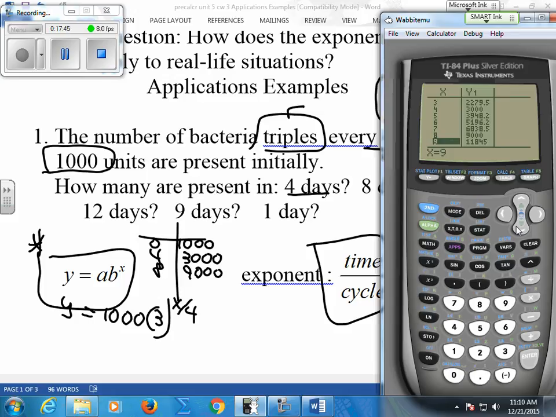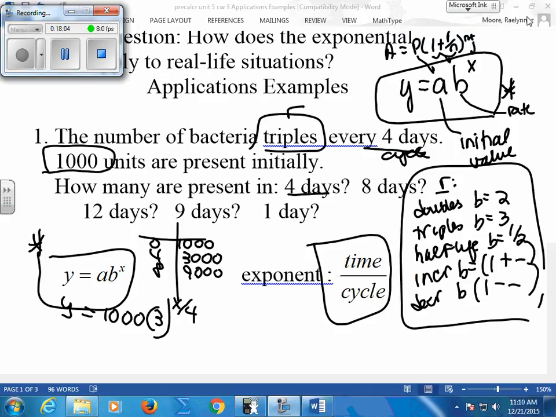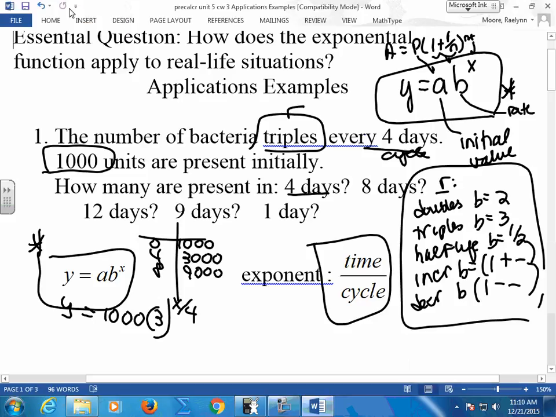We know it when we do the table. We say 4 days at 0, at the 4, at the 8. But we sometimes forget to put it in. So you can calculate these without using your graph, these particular ones, or with your graph. And when things grow exponentially, they grow fast, especially bacteria.